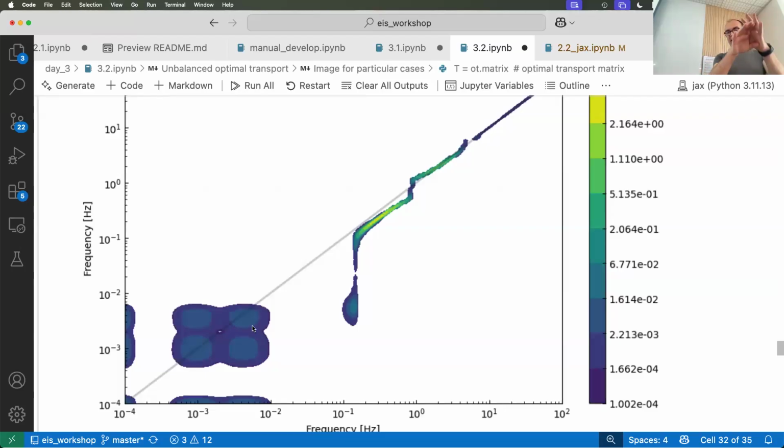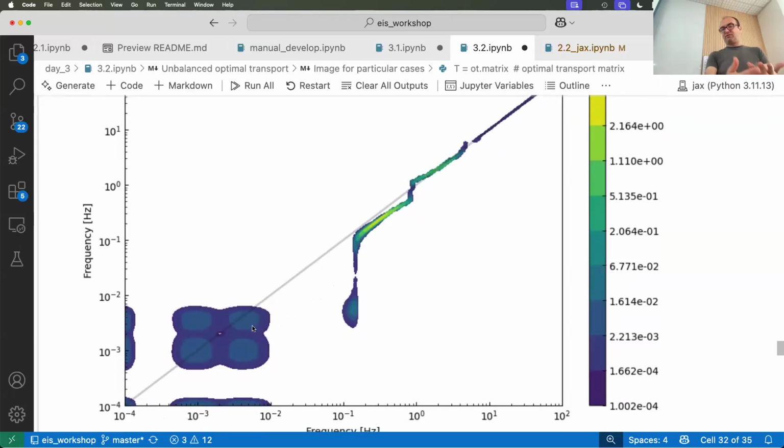So everything that you need to do this analysis on your own DRT curves is contained within this notebook here. And I'm not going to analyze the figures one more time. It is exactly the same thing that I was talking about on the slide.